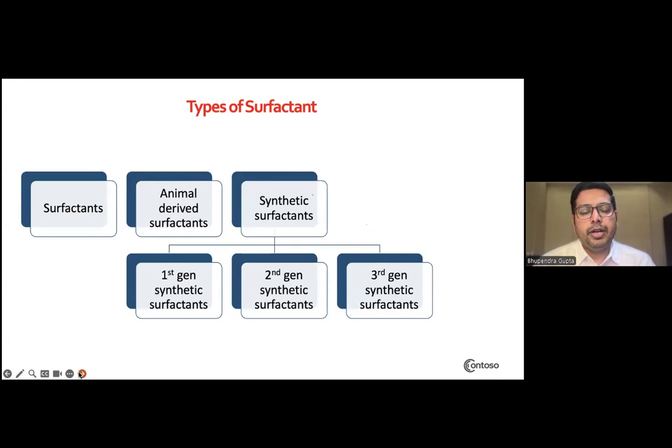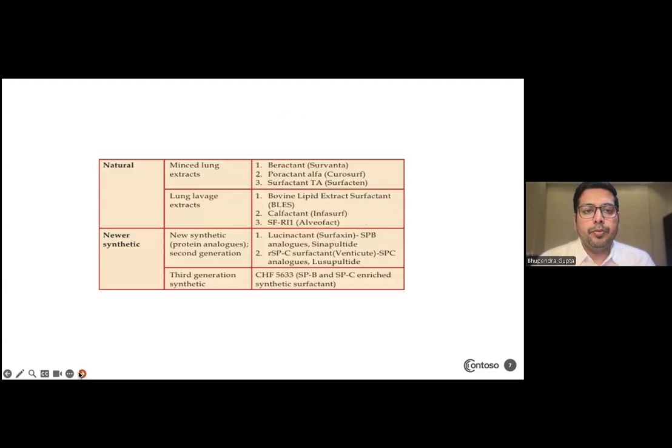Now, what are the various exogenous surfactants available in the market? Surfactants are broadly of two types: animal-derived or natural, and synthetic. Synthetic surfactants come in three generations: first, second, and third. Natural or animal-derived surfactants are broadly of two types: mixed lung extract and lung lavage extract.